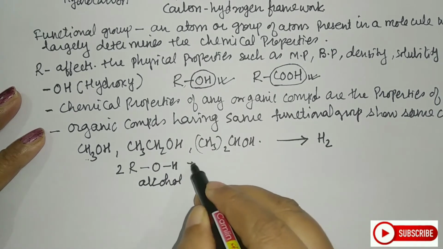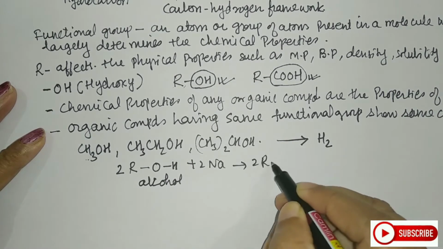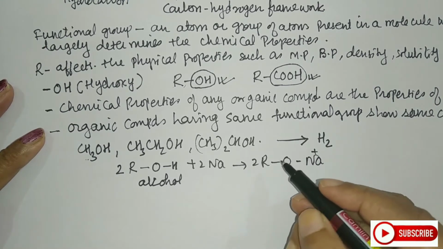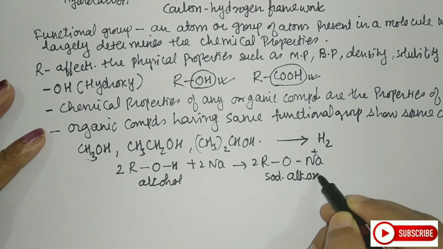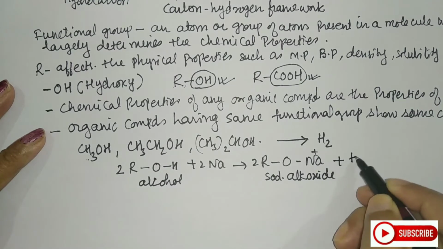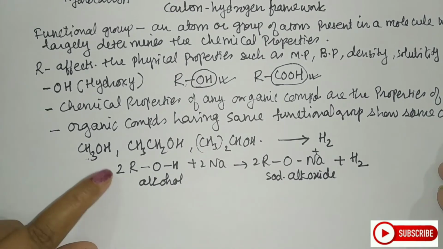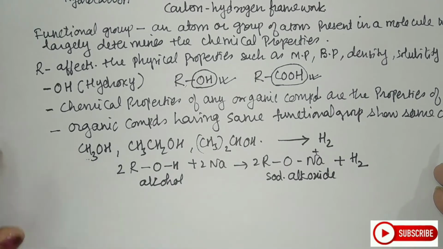When it reacts with sodium metal, it gives you RONa, sodium alkoxide, and it will liberate hydrogen gas. So whether R is CH3 or CH3CH2 or (CH3)2CH, the reaction will be the same.